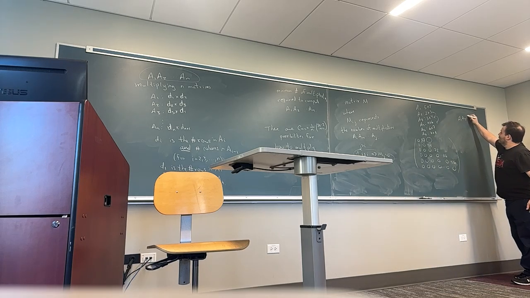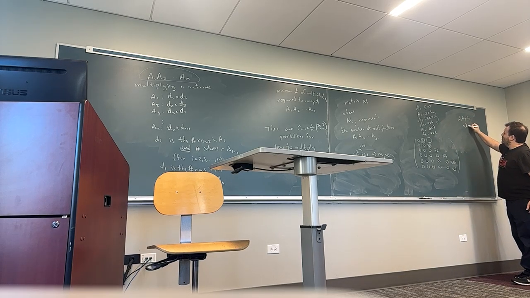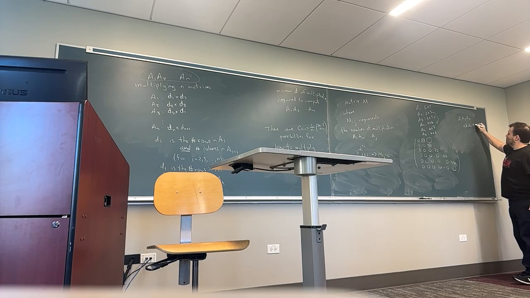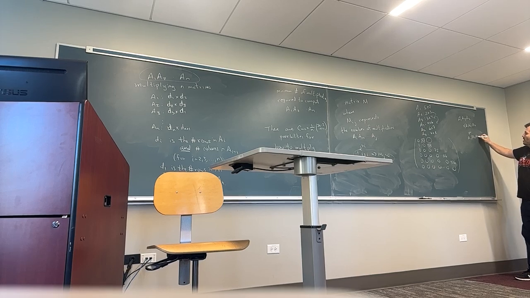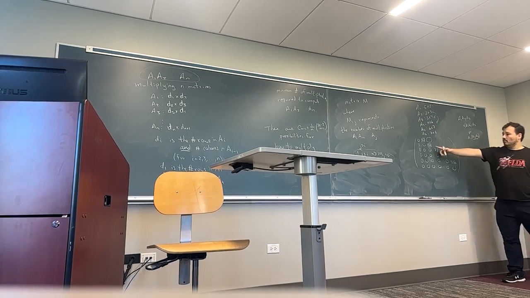A1, A2, A3 could be A1, A2 times A3 or A1 times A2, A3. Well, we know how much this costs, 24.